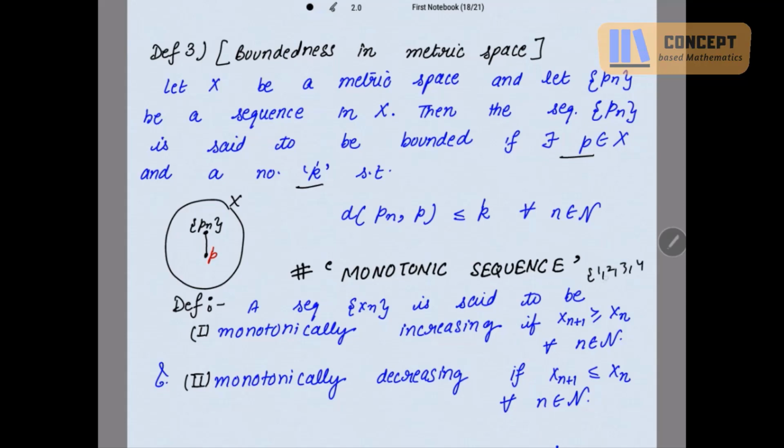Here, if you take xn plus 1, you get 2, which is greater than or equal to the preceding element. Again, 3 is greater than or equal to its preceding element. Greater than, or it is equal to, right? And the sequence is said to be monotonically decreasing if you take 4, 3, 2, 1. Here, xn plus 1 should be less than or equal to its preceding element, xn, right?